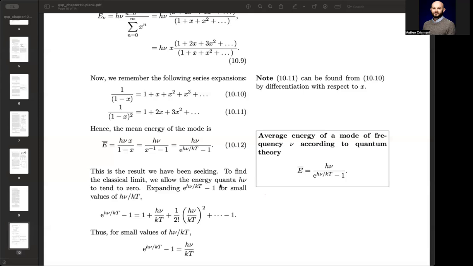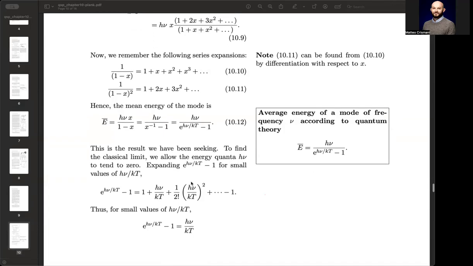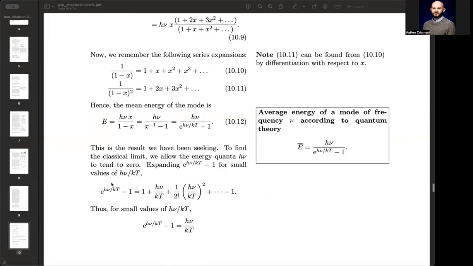To find the classical limit, let's have it head towards 0. As this heads towards 0, this whole bottom part acts like 1 plus h nu over kT, because the ones are going to cancel here. So you end up with something that looks like h nu over kT. And at small values of h nu, there's h nu on the bottom, h nu on the top.